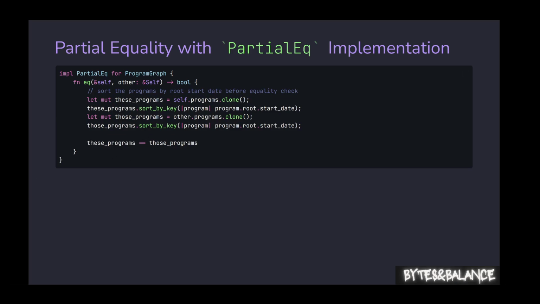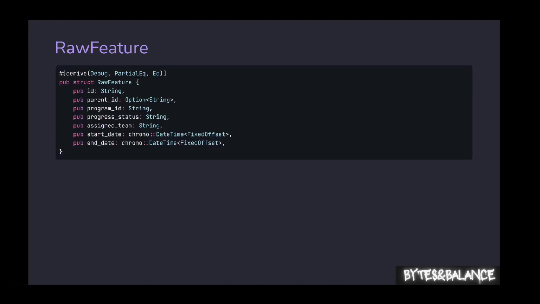equality. Here you might be wondering what all these structs are, so I've got an explanation for you. The RuleFeature was the struct that we were reading straight from the text data. We were just splitting the string into multiple fields. And for each child, we had the parent ID, program ID, and some other fields.